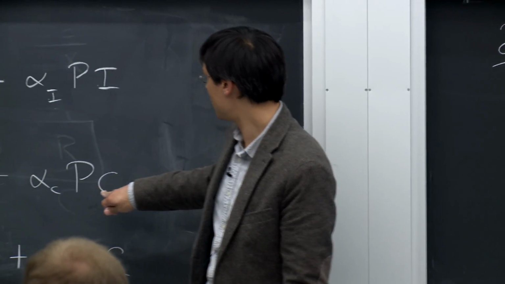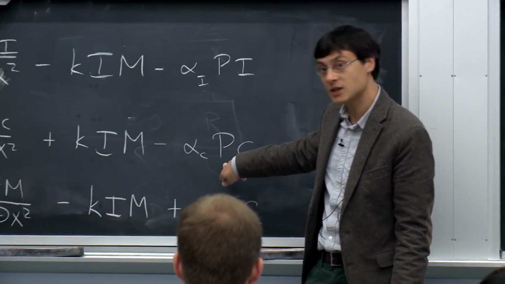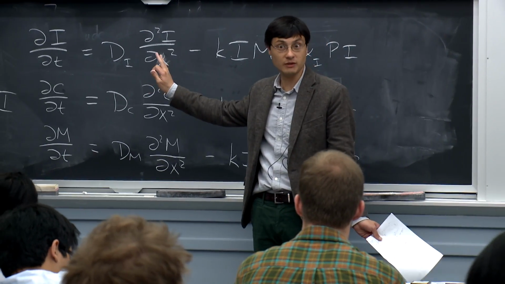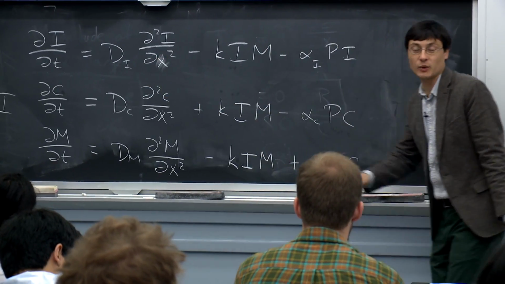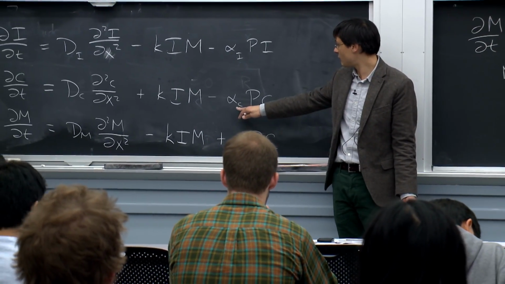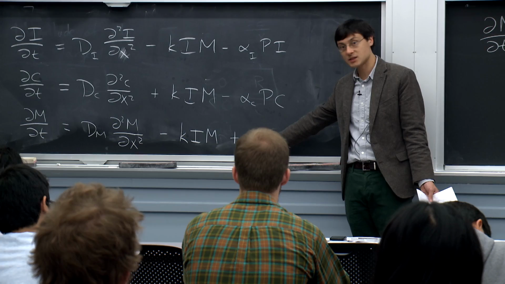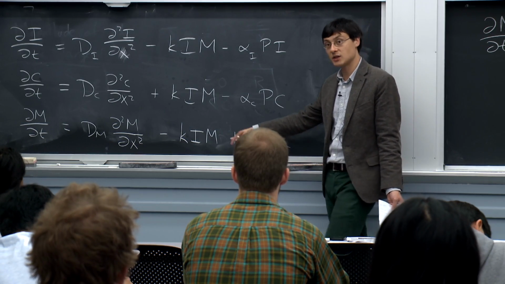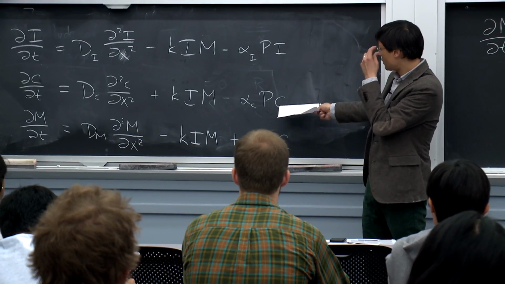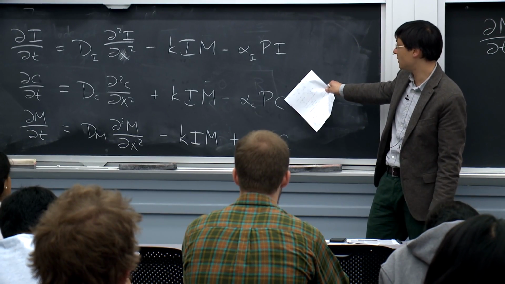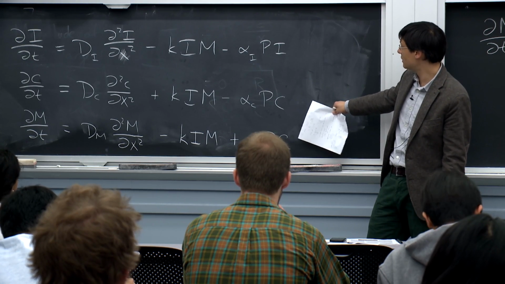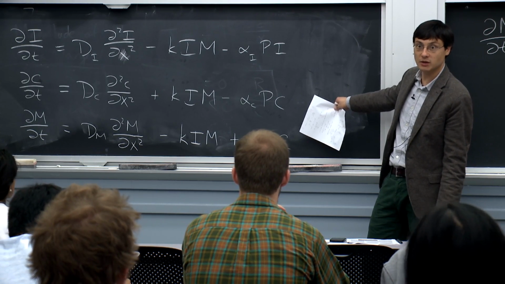Right, so at a rate proportional to the protease concentration and the complex concentration, this complex goes away, right? Now the question is, we have to figure out where it kind of went or what happened, right? Well, we have a minus alpha C here, but then we have a plus alpha C here, but this is at the morphogen, right? This is at the rate that the complex is being disappeared by the protease. The morphogen is appearing, right?